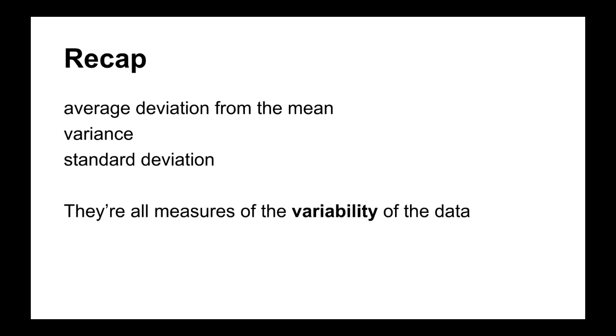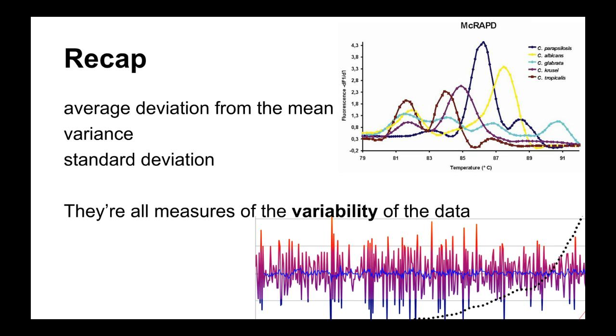Now, they're all measures of variability of the data, and they all relate to each other. Now, you can probably see how average deviation from the mean feeds into variance, and then of course variance is part of standard deviation. So here we've got two nice examples of data.